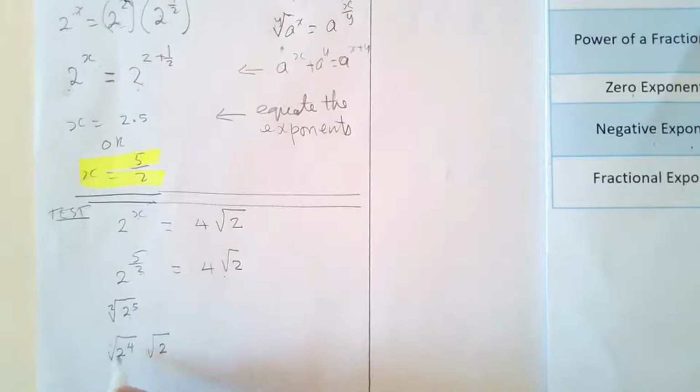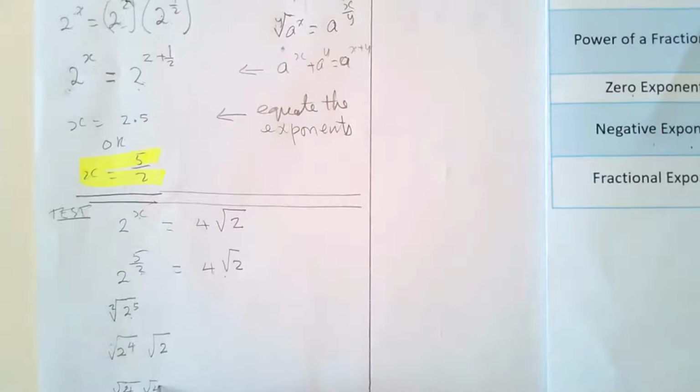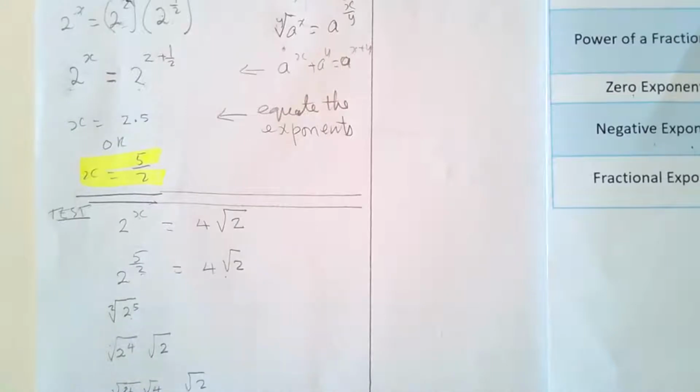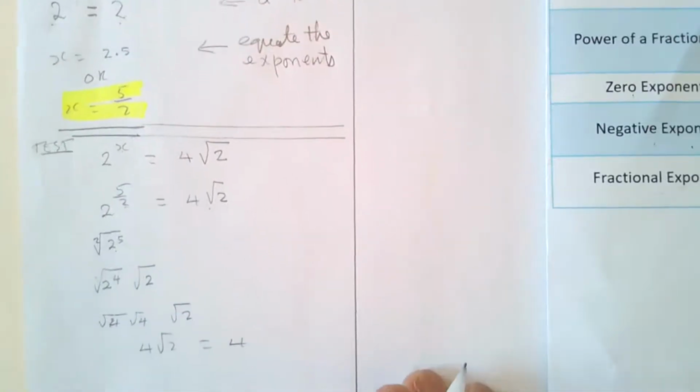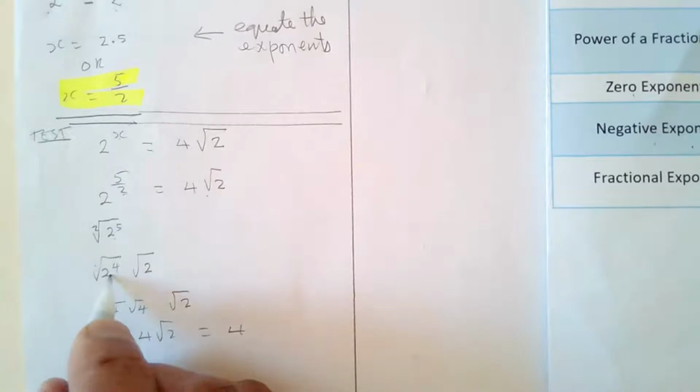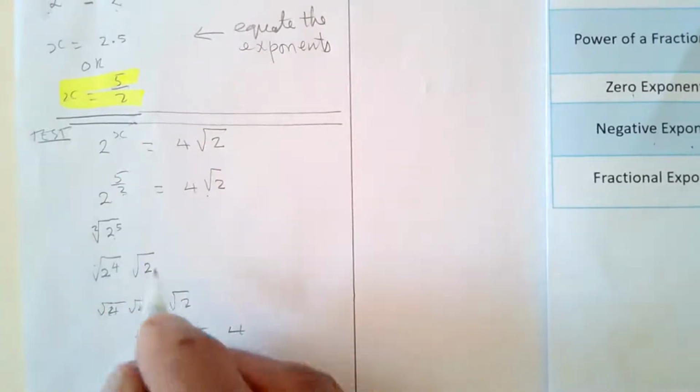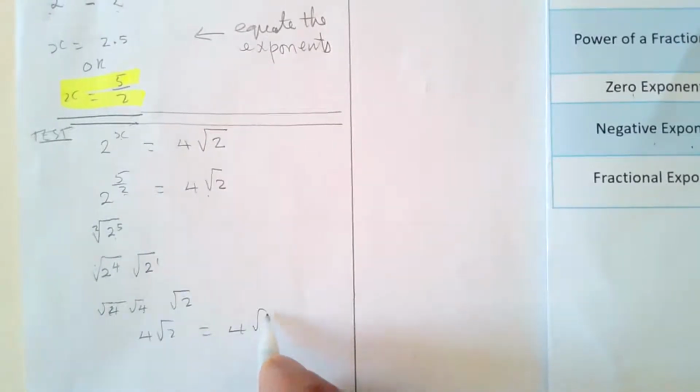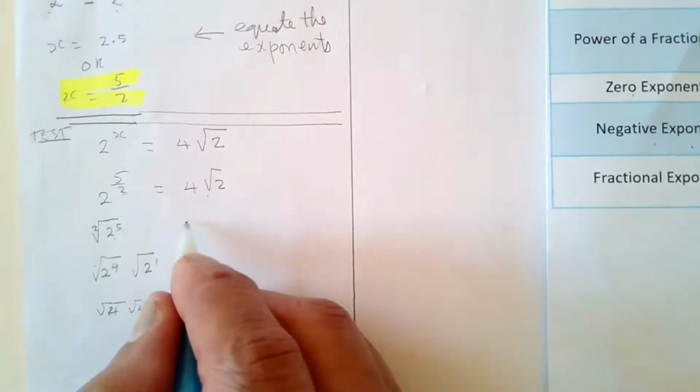Remember, this is the square root of 2 to the power 4 times 2, which, if I break it into 2 squared, is 4 times the square root of 2. So it becomes 4 root 2, which is equal to the 4 root 2 here. So it is correct.